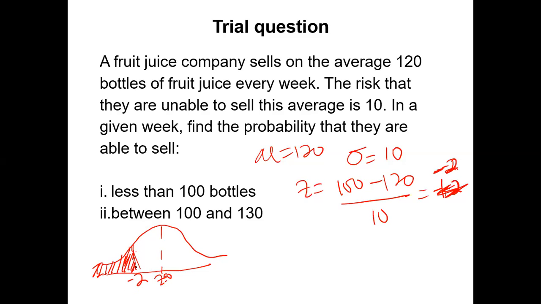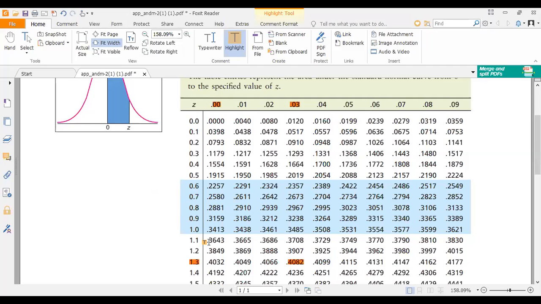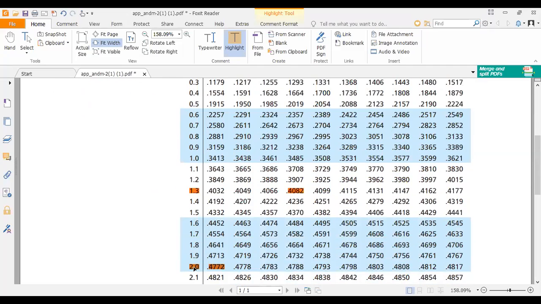So you can read 2 or -2 as absolute 2, okay? So 2 simply means that it is 2.00, which we've read already. It's negative though, but you can read it as positive since the bell shape is just a reflection of the other side. So that will give you a probability of 0.4772.